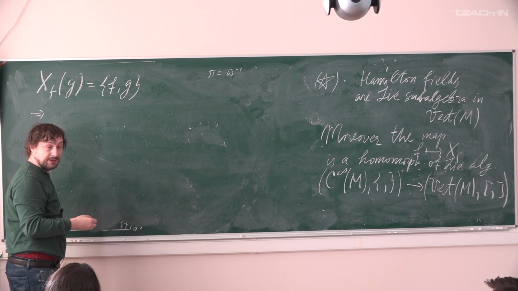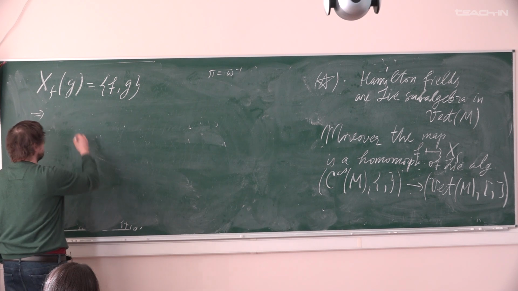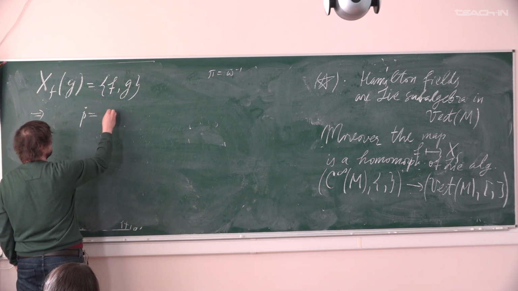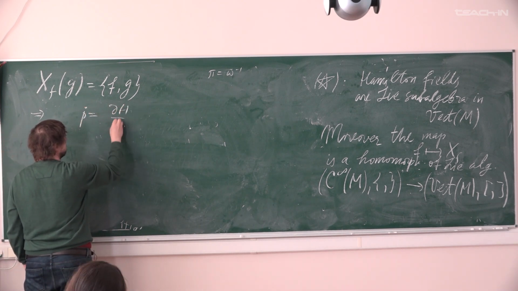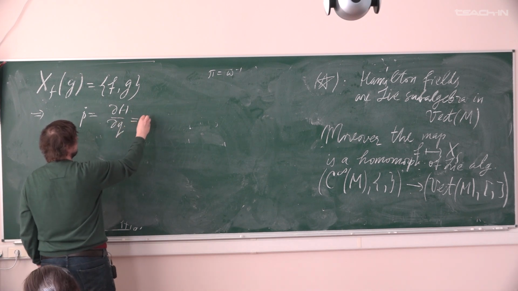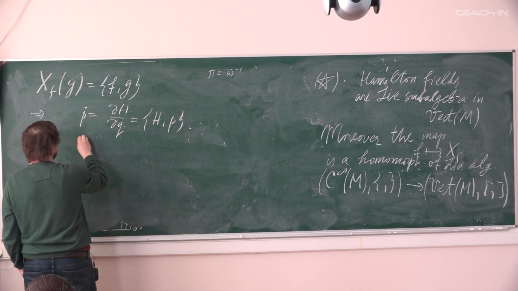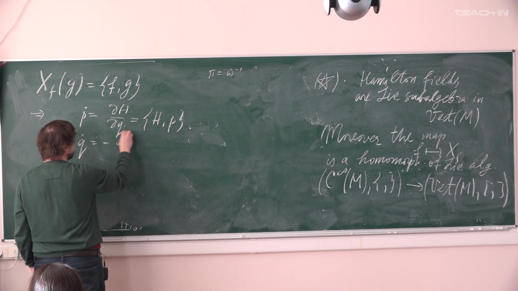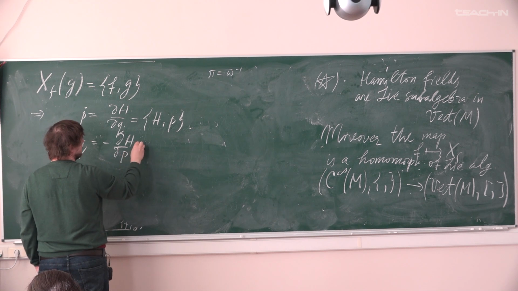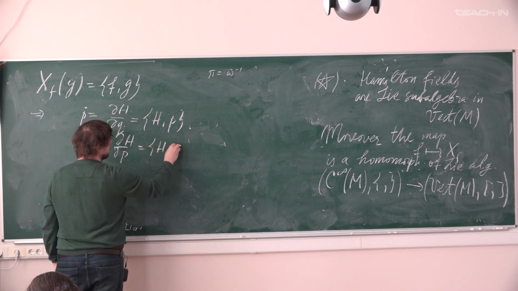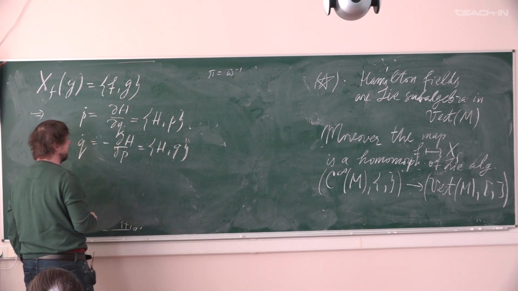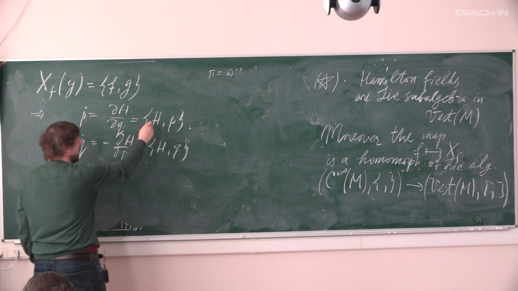If you remember, I began with writing down Hamilton equations in the form p dot is equal to dH dq, which is equal to H_p, right? q dot equal to minus dH dp, which is equal to H_q. So I actually considered the Hamilton vector field associated to H.